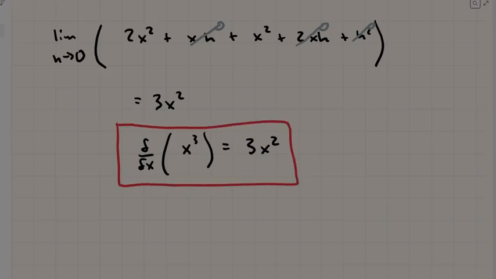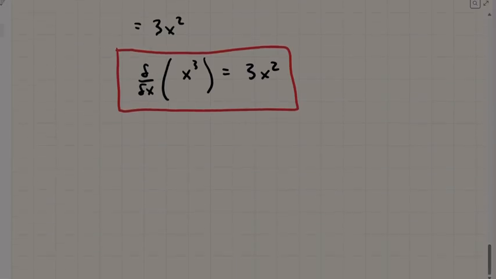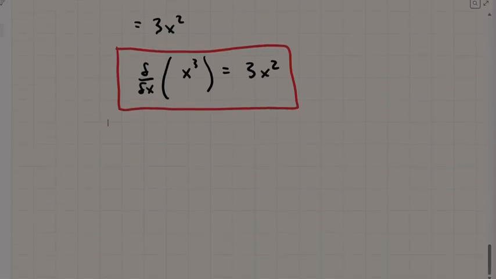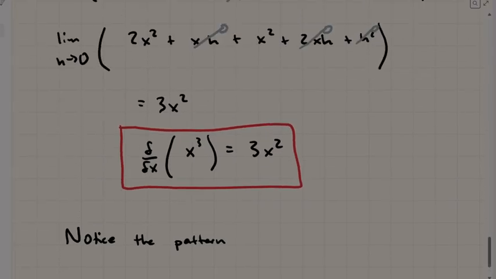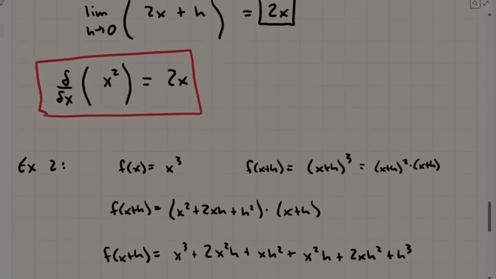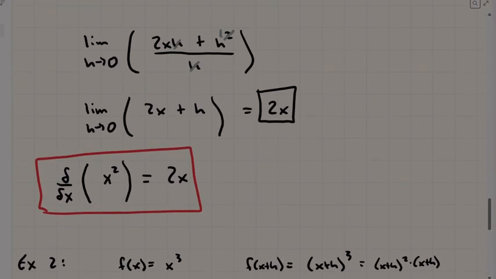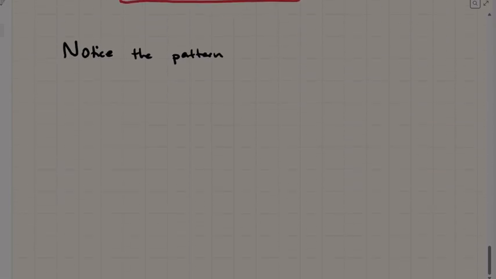Now, let's see if we can notice a pattern. What we're doing, by the way, is the same thing that the mathematicians did when they first discovered this rule. But okay, we have function and derivative.